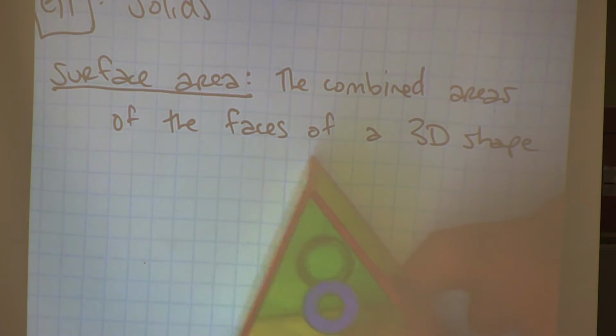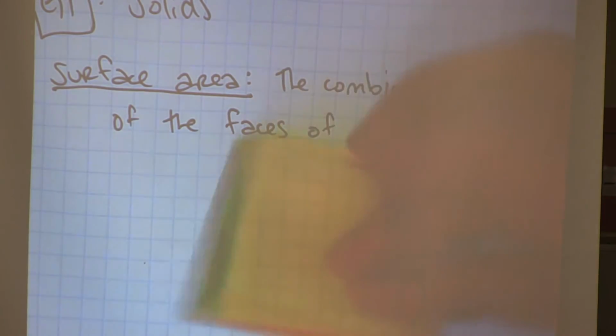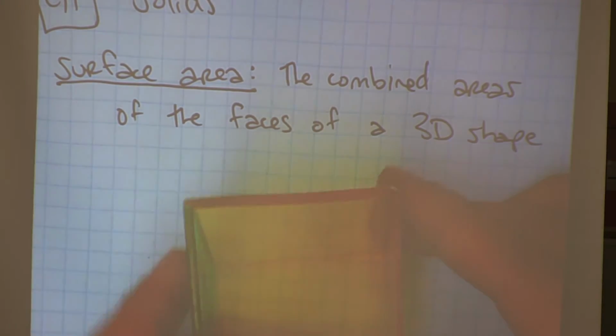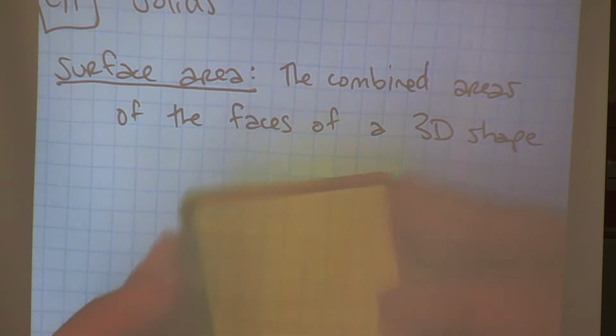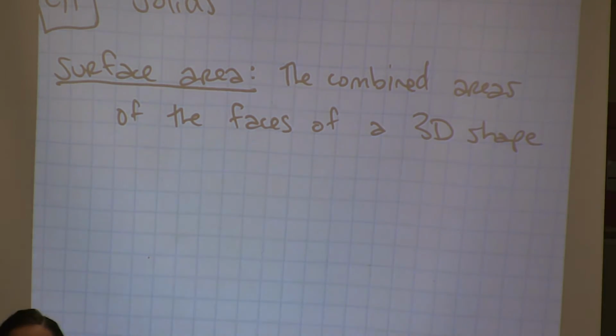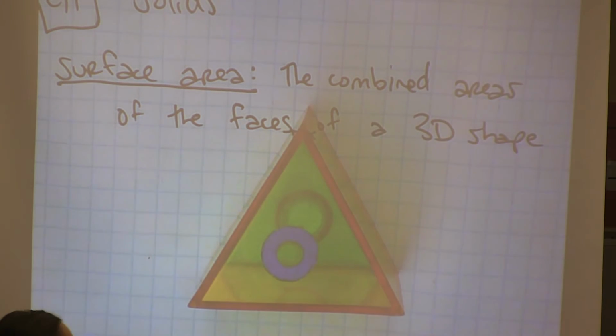So there's a triangle there, there's a triangle on the other side of it, and then there are 3 of these faces. There's 1, that's a rectangle, 2, 3, right? So the surface area is just all the parts that I can touch. Basically all the area of all the parts that I can touch. The area of each of the sides of the 3D shape.